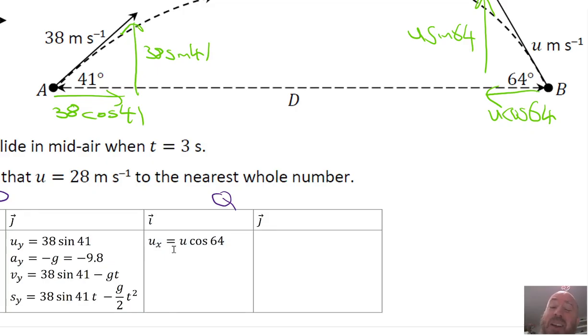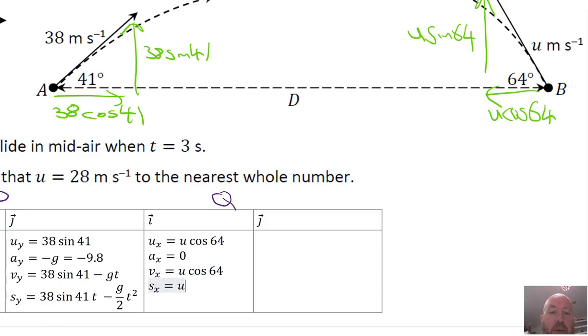Now I'm not working out the cos 64 and the sine 64 and the 41s because it's going to be an annoying number, so we'll leave it till the very end, just so I don't make approximations too early and have to write down too much. Because writing down as little as possible, doing the minimum amount of work to get the question perfectly right, is the best way.